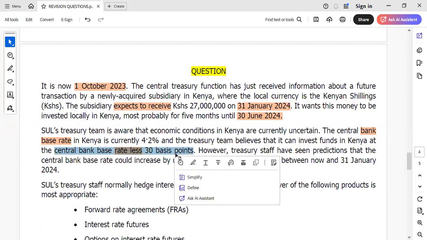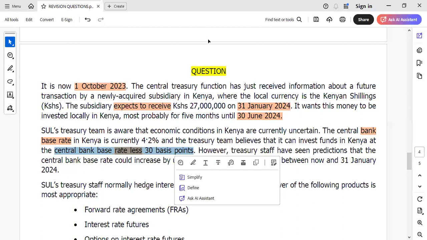So when you invest, you expect the actual return to be the central bank base rate, then minus the 30 basis points.